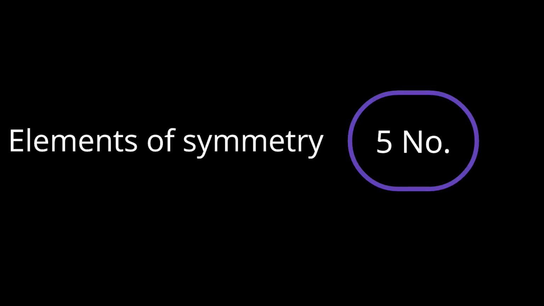Now, if we know the symmetry elements, then symmetry elements always go together with an action. So, which possible actions are there? Which possible operations can we carry out around or through a symmetry element? A total of 5 elements are there. Each element we are discussing in detail.